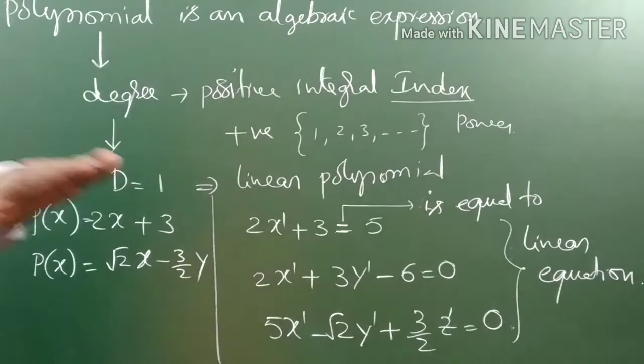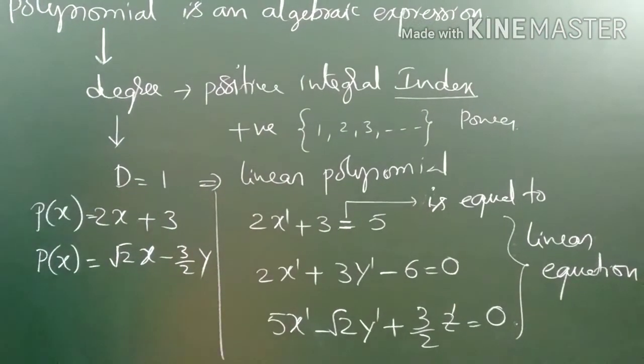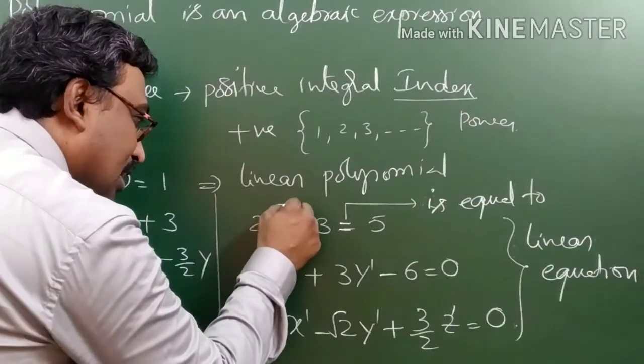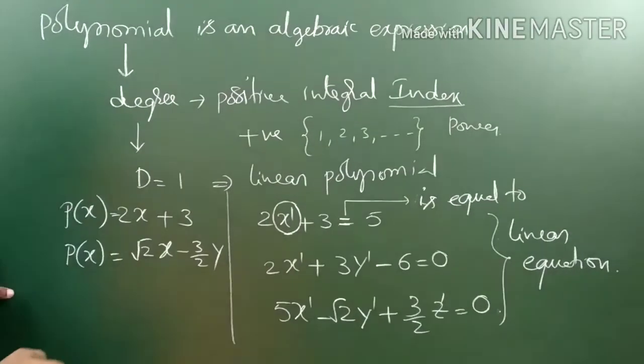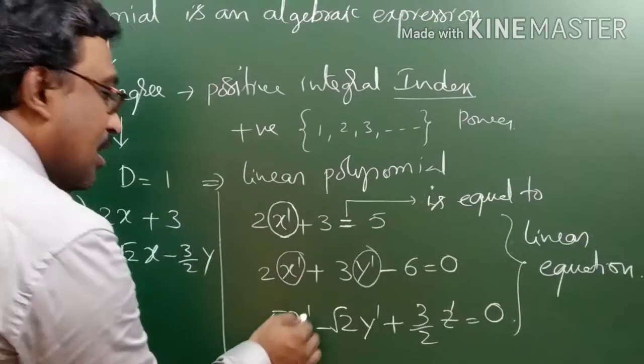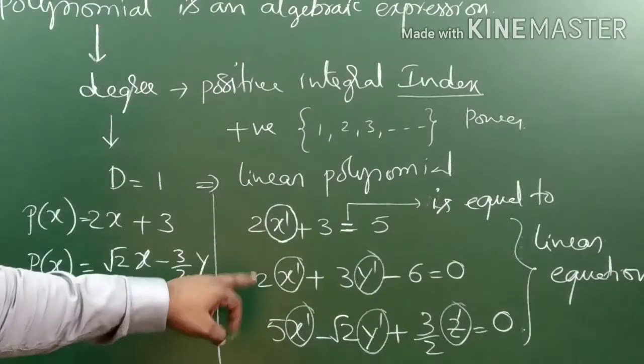Now among these linear equations, we can say what the unknowns are. Here the unknown is x. Here x and y. Here x, y, z. These are all unknowns.